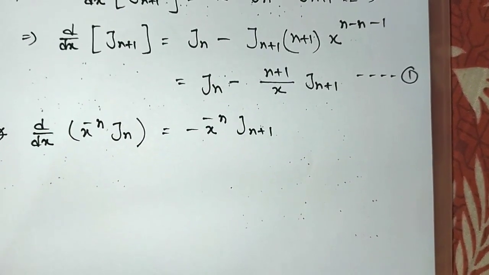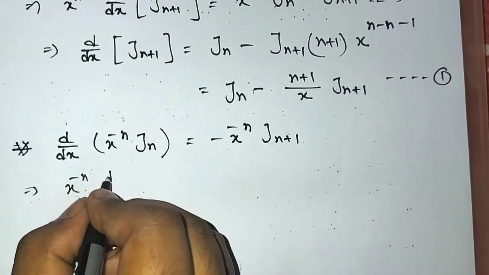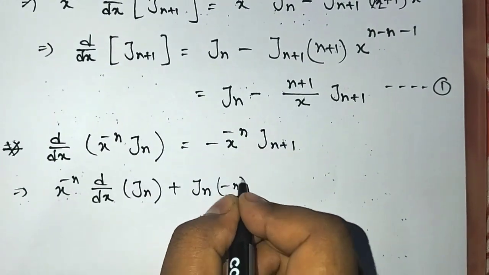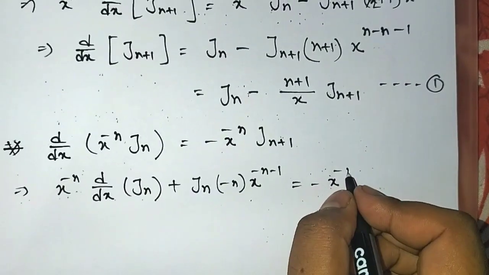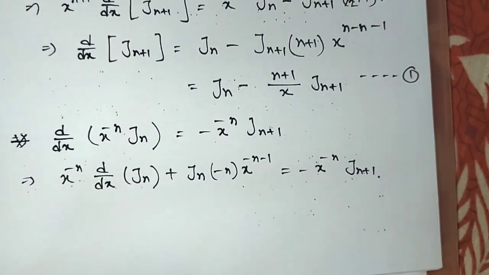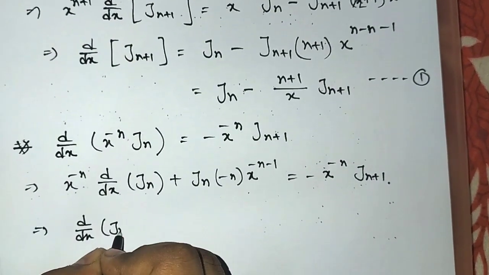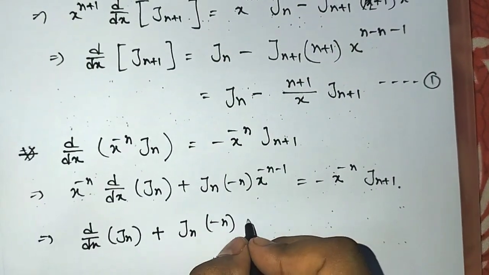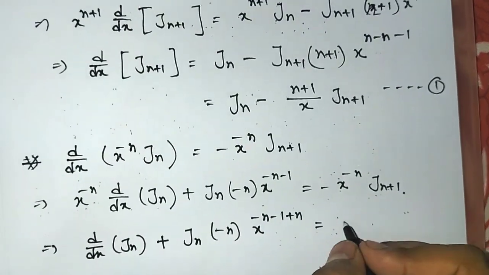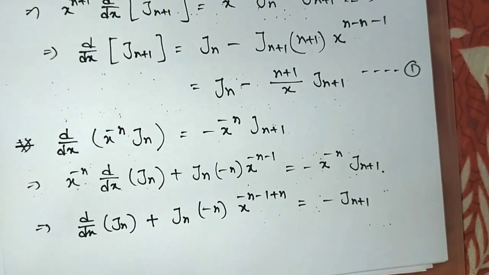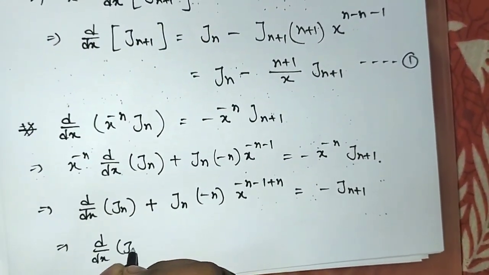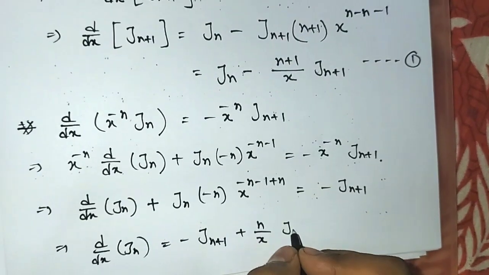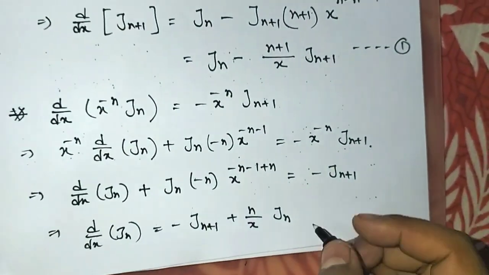So break this: x to the power minus n into d/dx of J_n plus J_n into minus n x to the power minus n minus 1 equals minus x to the power minus n J_n+1. Clear? Okay, so d/dx of J_n plus J_n into minus n, plus n equals minus J_n+1. So d/dx of J_n equals minus J_n+1 plus n/x J_n. This is number 2.